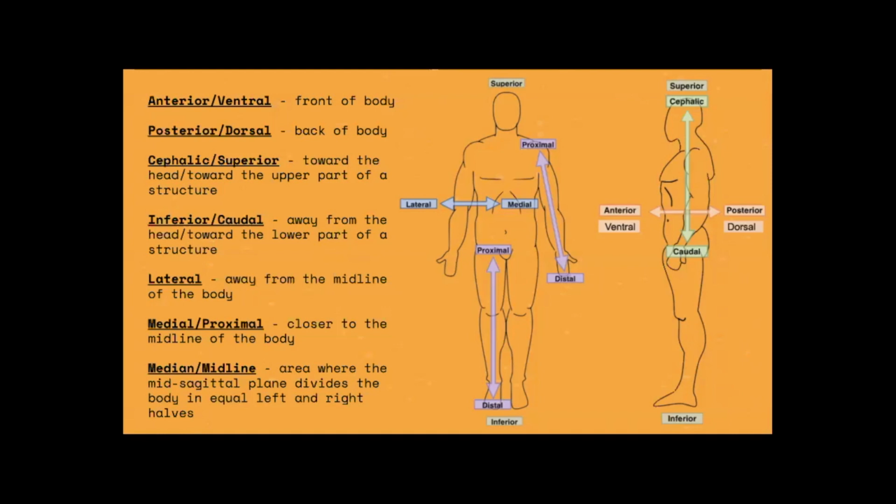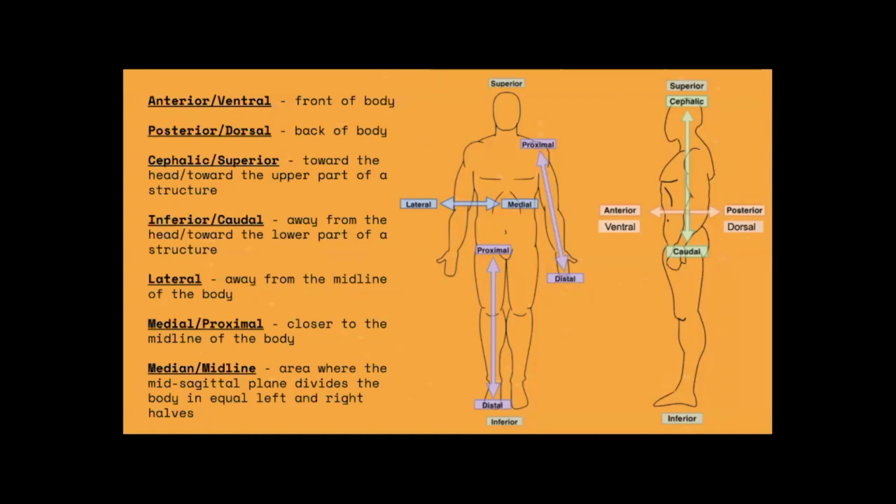So cephalic or superior means toward the head, or toward the upper part of a structure. If I have my arm here, what would be the superior part of my arm? Would it be my elbow or my shoulder? It would be the shoulder that is more superior, because it is above the elbow.